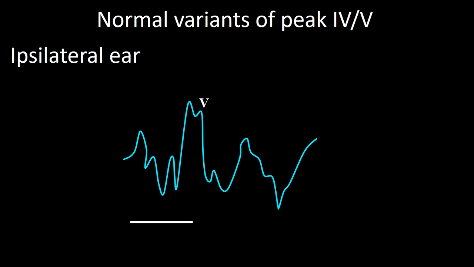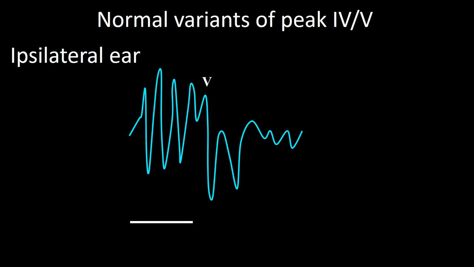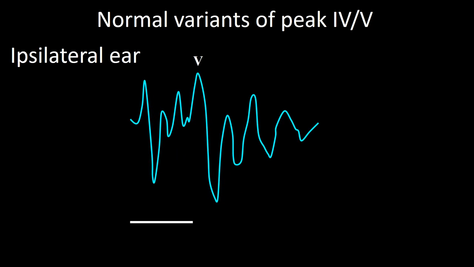The interrelation between the peak of wave 4 and 5 is very variable, even when using the same derivation and the same ear. Wave 5 may be smaller than wave 4 or as tall as wave 4. Wave 5 may be clearly separated from wave 4 or completely fused with wave 4.